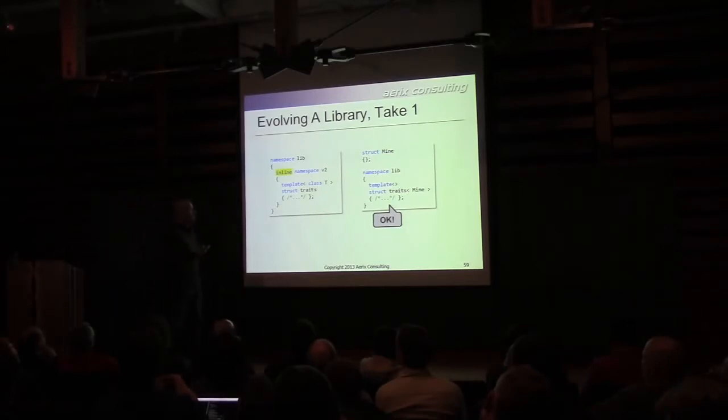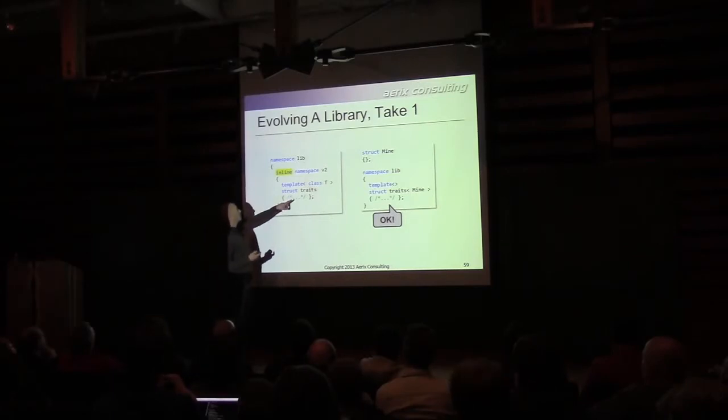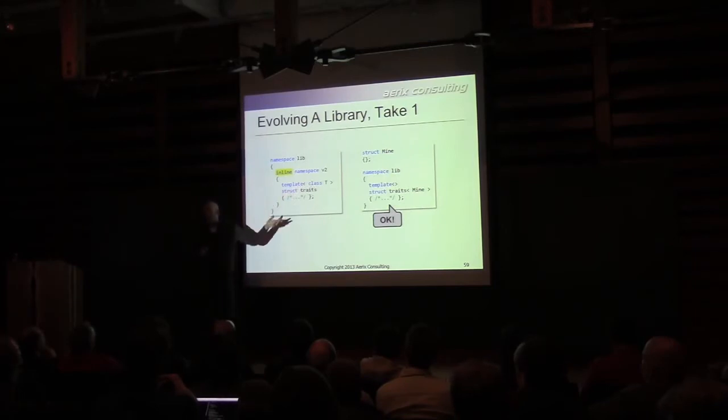Okay, so what will happen when you define traits here? So imagine this wasn't a template. Imagine it was a type. Every type in C++ has, like, bolted onto the side a list of associated namespaces.